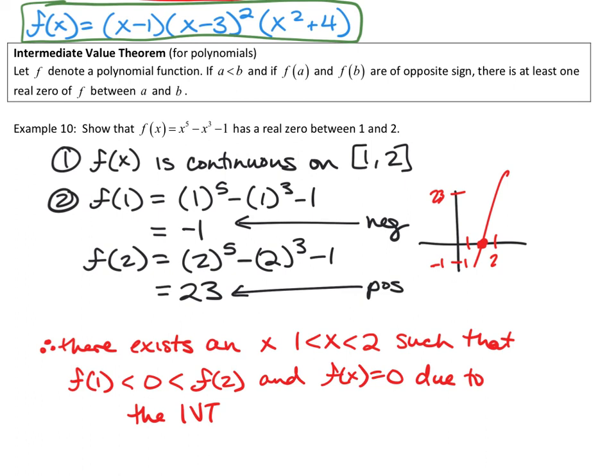There exists some number that would become 0 for this function in between those two values, because it has to pass 0 to go from negative to positive. Like, duh, that makes sense. And that's the intermediate value theorem applied to polynomials, and that's why that was kind of stuck at the end of last lesson, because we need that for polynomials to find zeros and prove that zeros exist between two numbers. Pretty cool stuff.